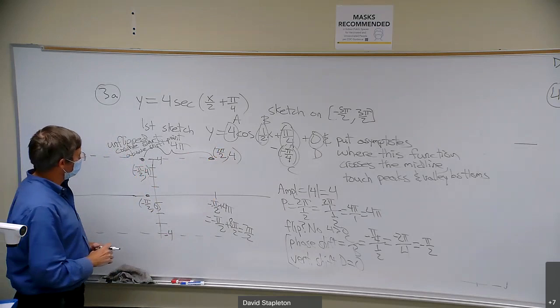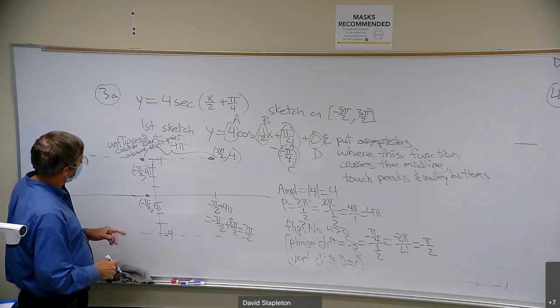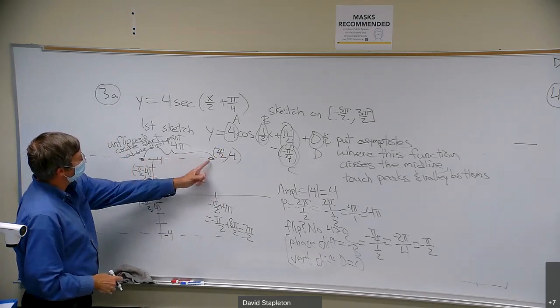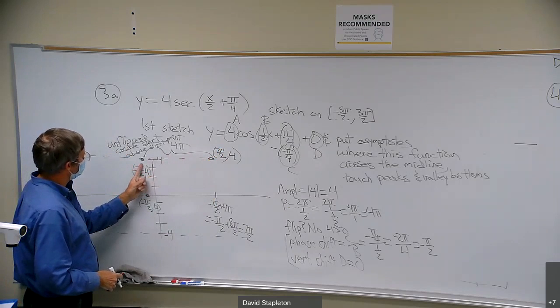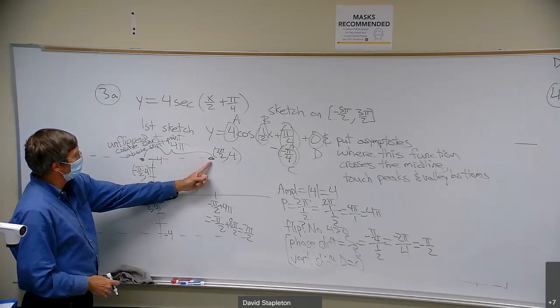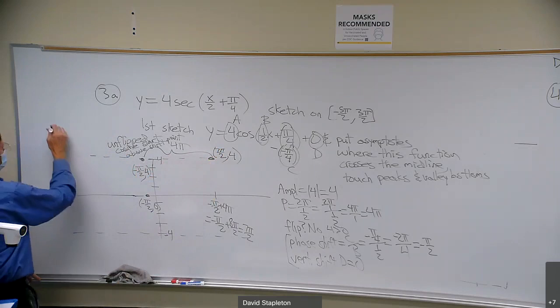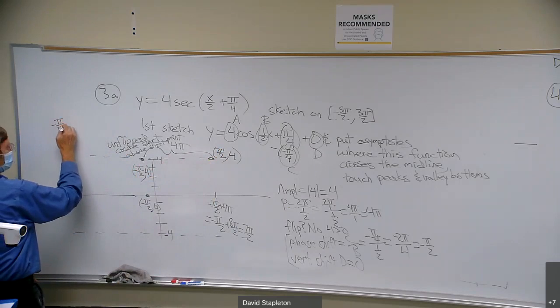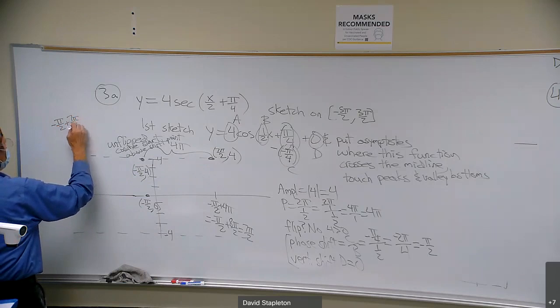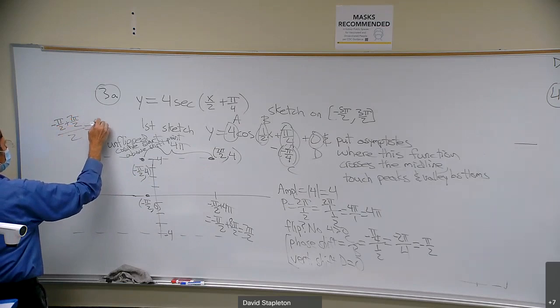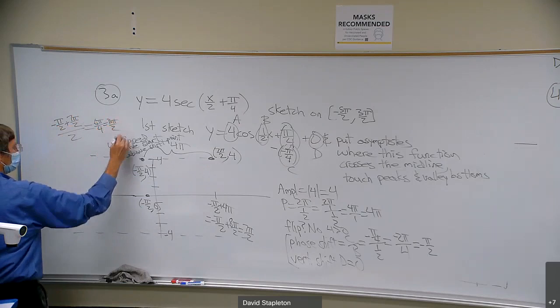Now, what are 3 more exact points I can plot on this if I want? Well, I could get the one halfway in between minus pi over 2 and 7 pi over 2. I just average them. You can do that if you want. Minus pi over 2 plus 7 pi over 2, all over 2. You average them and you get 6 pi over 2 over 2, is 6 pi over 4, is 3 pi over 2.